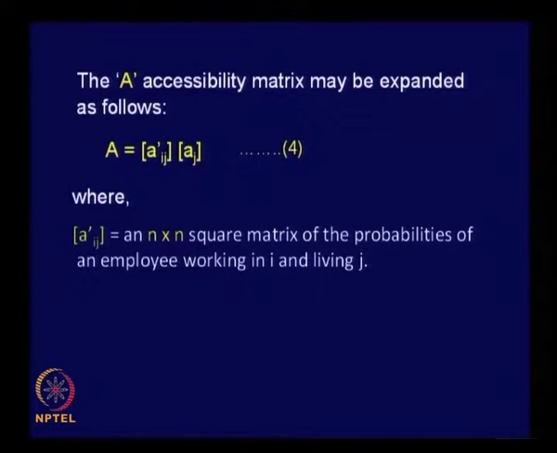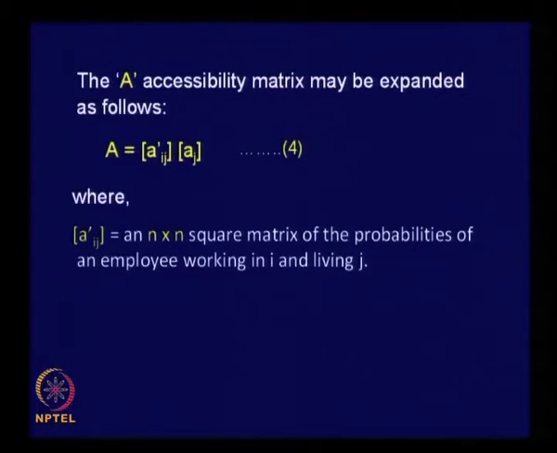Let us say about 10% of the employees are working in zone 100, living in zone 20. Zone 20 has a certain number of employees. Let us say 10% of them, as per the base year condition, are employed in zone 100, right.